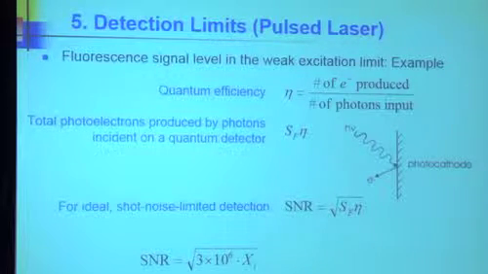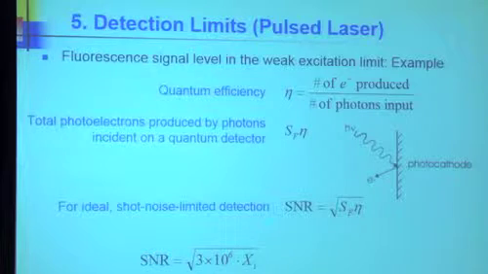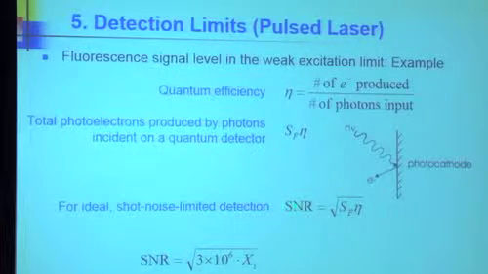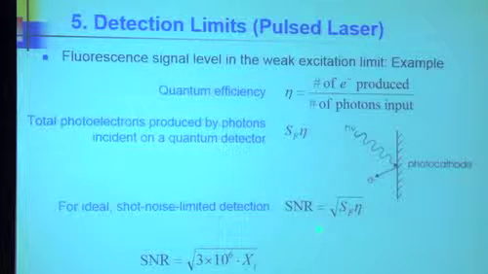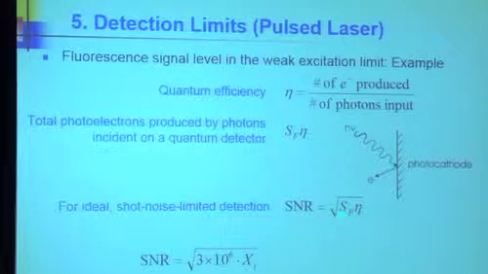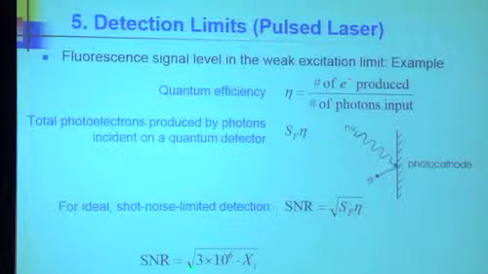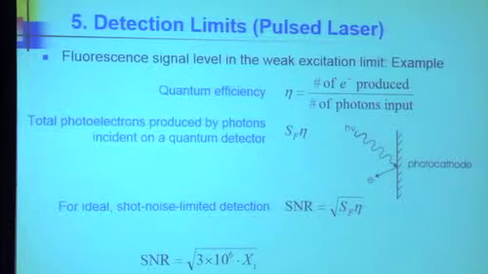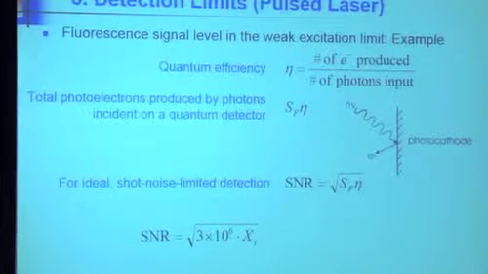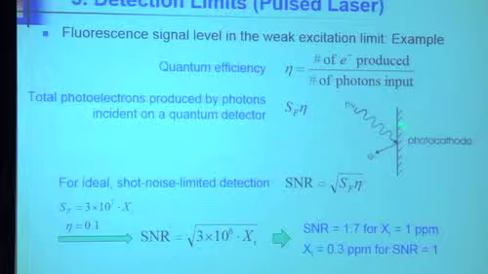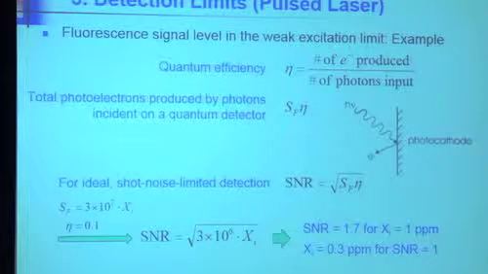You can read about, from somebody who can show, that when you have shot noise limited detection, Poisson statistics, the so-called signal to noise ratio is the square root of the number of photons times the quantum efficiency. I'm going to take a quantum efficiency of 0.1. What's the signal to noise ratio? It's 1.7 for 1 ppm.